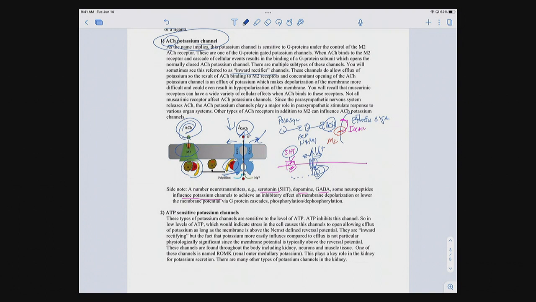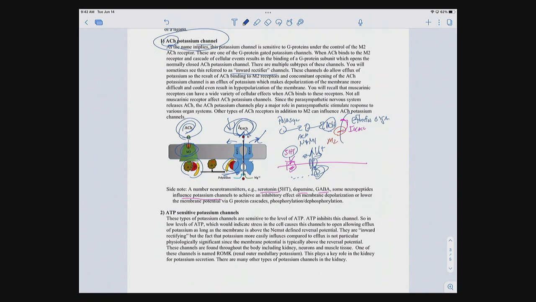One last point. The M2 is one of the major receptors that can influence these types of potassium channels that are sensitive to the presence of acetylcholine. I'm not wanting to imply that it is exclusively M2. There could be other muscarinic receptors that could also influence these potassium acetylcholine channels as well. So again, as with everything else, it's more complicated than what I'm showing you here.